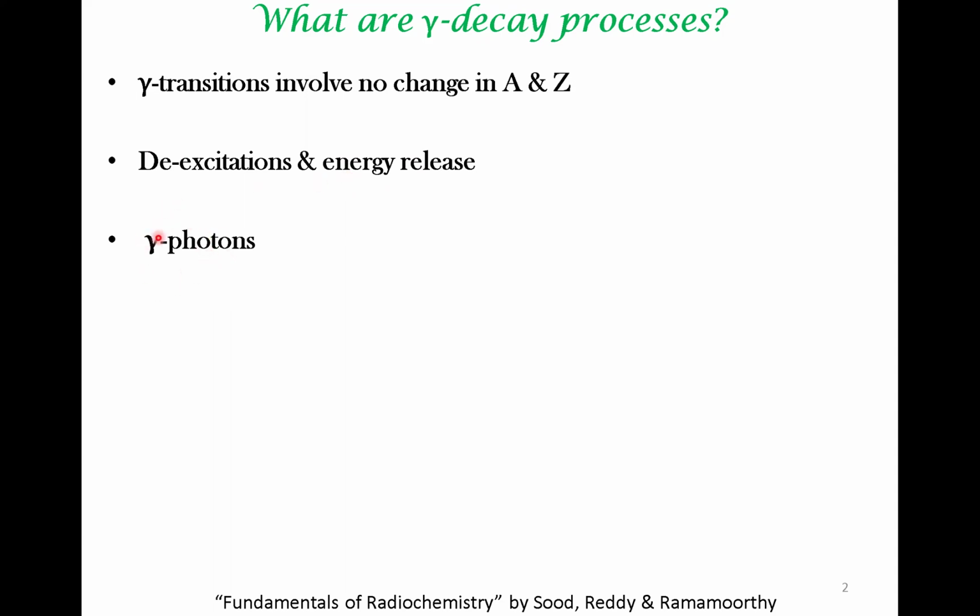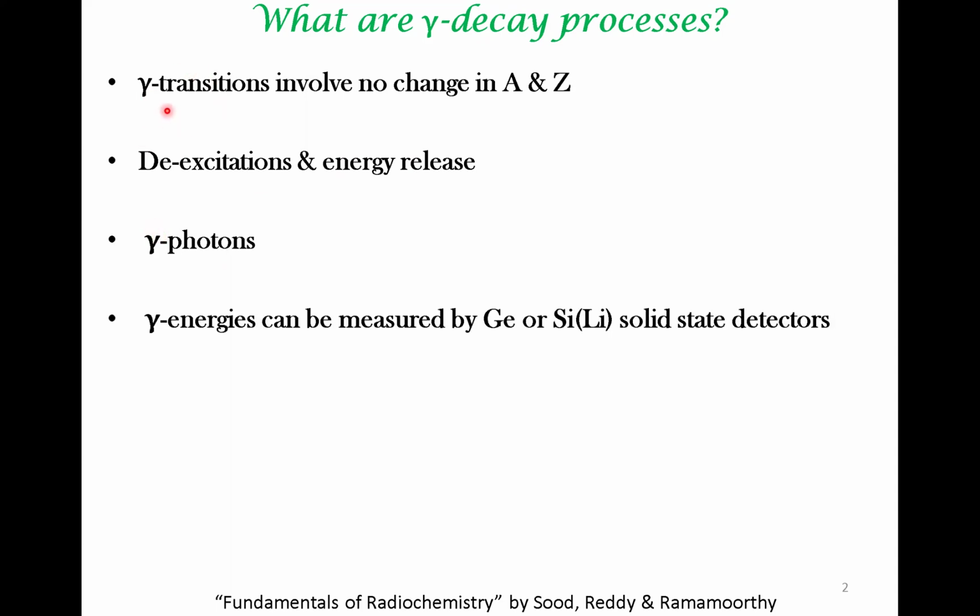Perhaps this is what you're familiar with from high school, but there are other forms of transitions which fall under gamma transitions. The gamma photons that are released can be detected. There is an important class of detectors which help you measure the energy of the gamma photons.